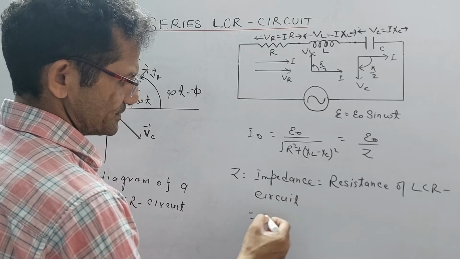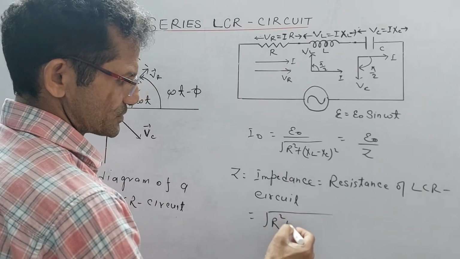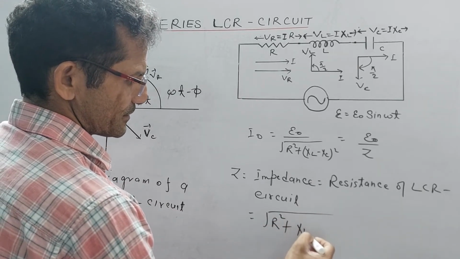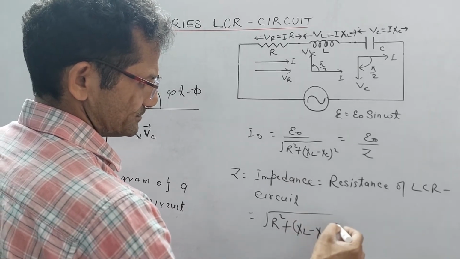Its value will be square root of R square plus XL minus XC whole square.